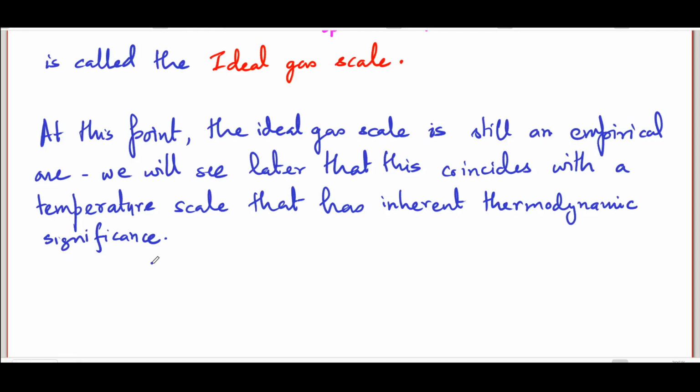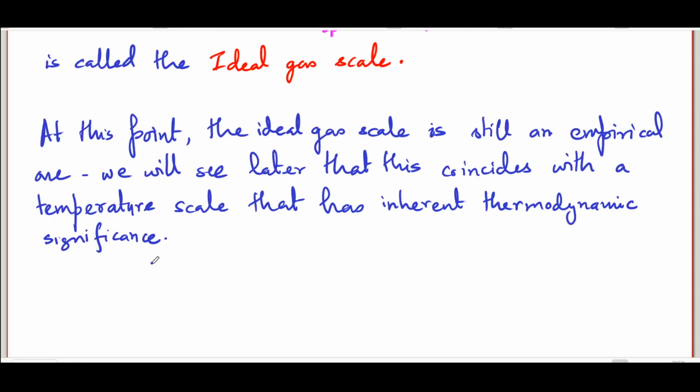However, we will see later that this scale happens to coincide with a temperature scale which has inherent thermodynamic significance over and above the significance which all temperature scales have. That is, they all talk about thermal equilibrium or lack of it.